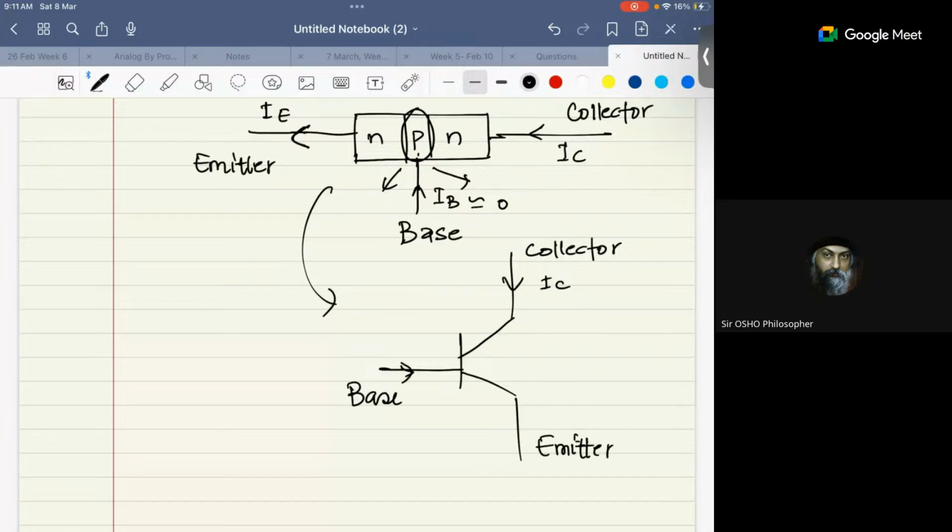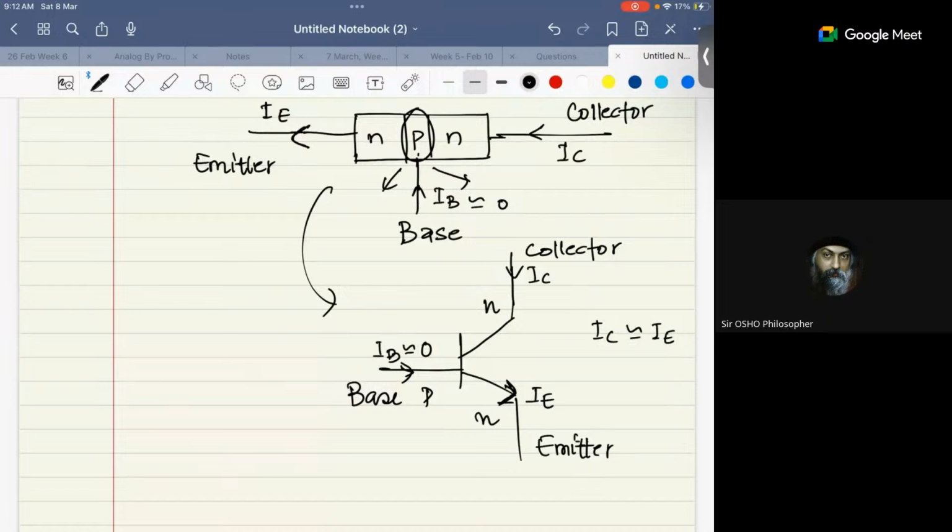The current from the base is almost zero. When you show an NPN BJT, it is shown like that. This direction tells that the current is coming out from the emitter side. So normally IC and IE are the same, because IB is 0.